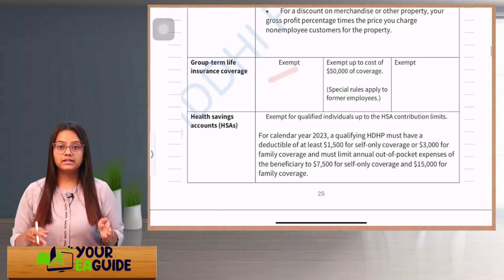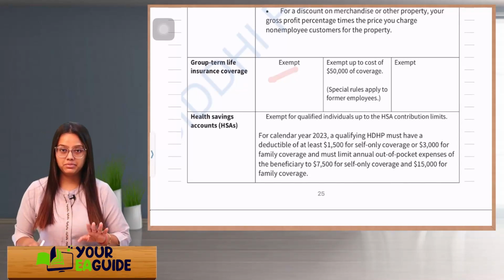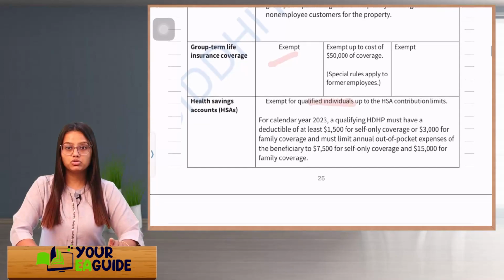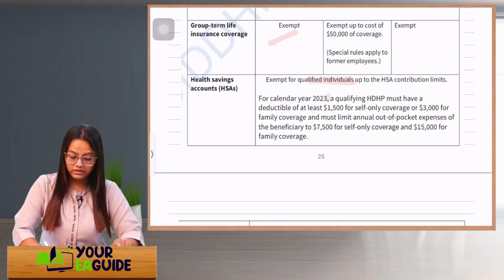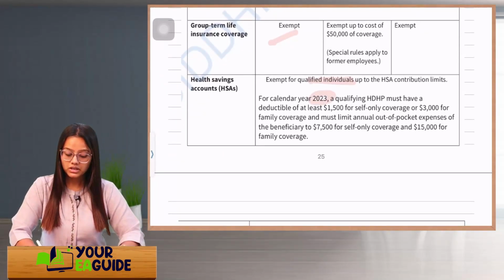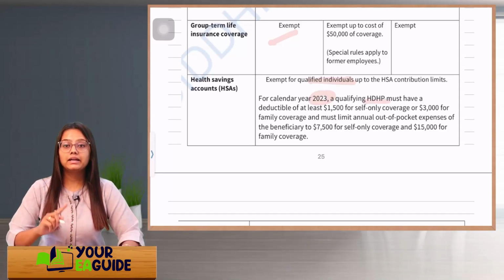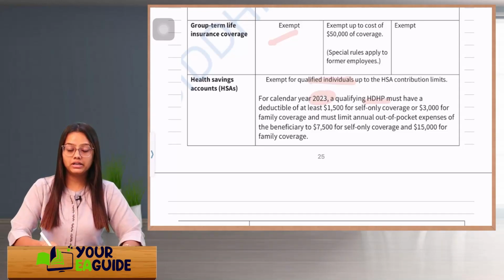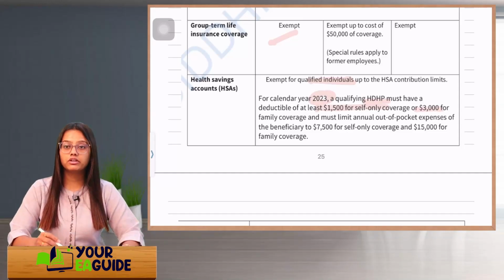Next is health savings account. It will be exempt for qualified individuals up to the HSA contribution. So for the calendar year 2023, the qualifying high deductible health plan, HDHP, must have a deductible of at least 1,500 for self coverage and 3,000 for the family coverage.